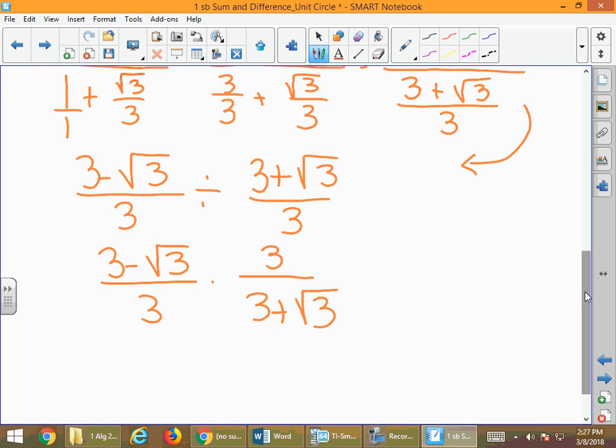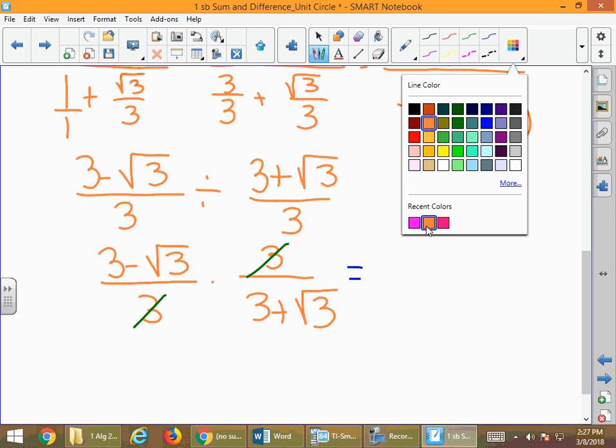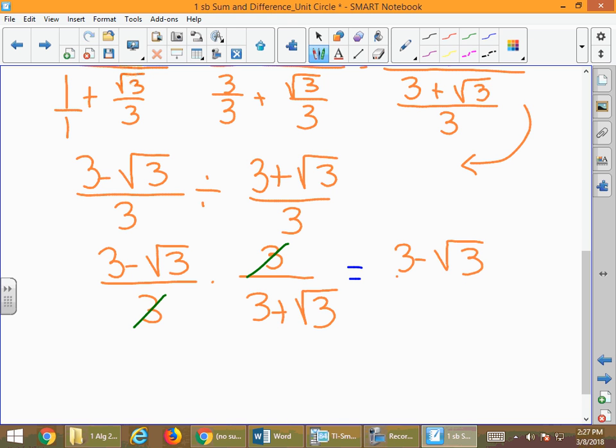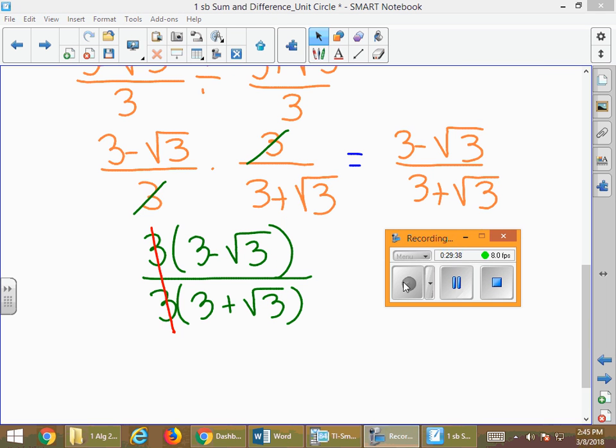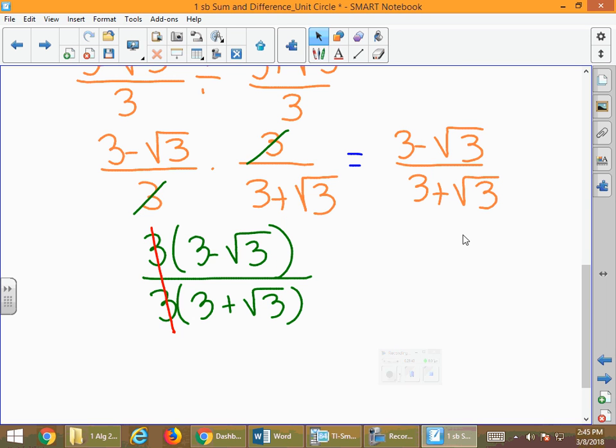And what happens here is that the 3's cancel out. 3 divided by 3 cancels out. And we end up with 3 minus the square root of 3 over 3 plus the square root of 3. Pause the video for a minute because some people were wanting to cancel out the 3's in this expression.